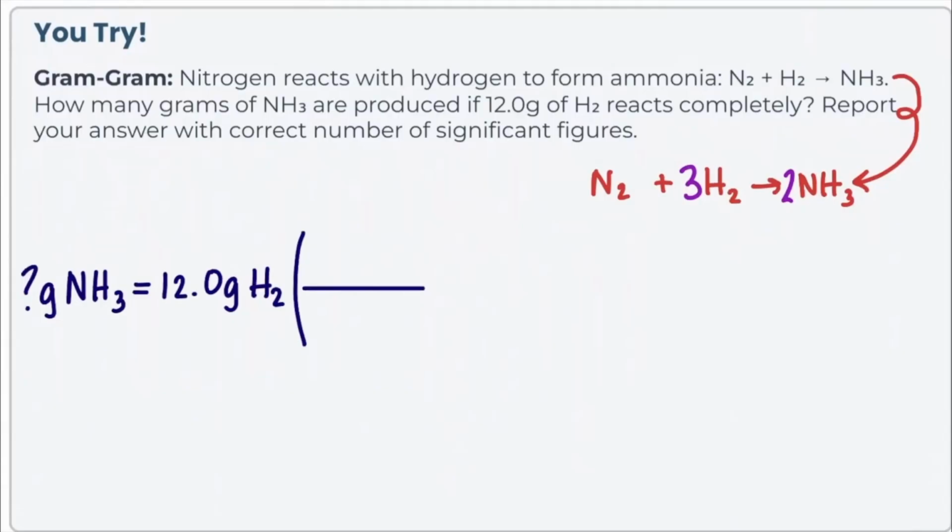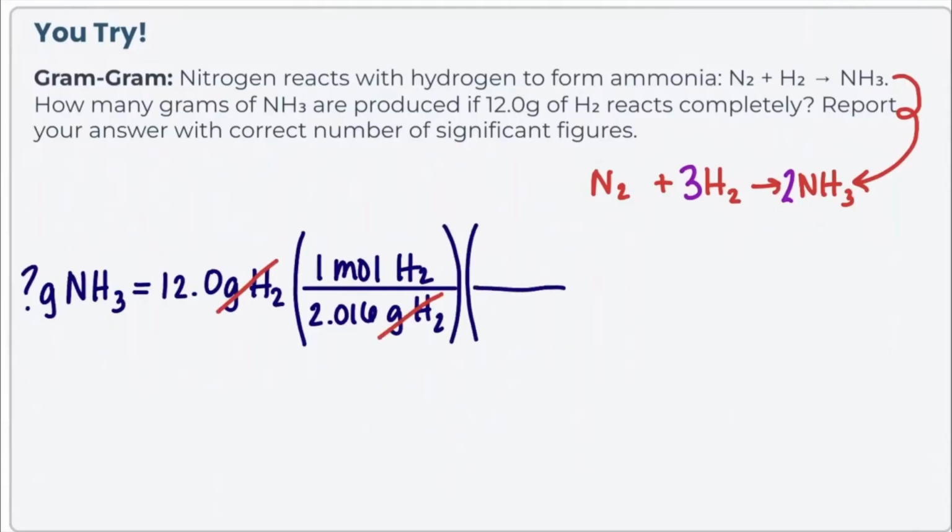And remember, hydrogen written by itself is usually a diatomic, right? So you have to multiply the atomic mass of hydrogen on the periodic table by 2, and you end up getting 2.016 grams of hydrogen per 1 mole of hydrogen.